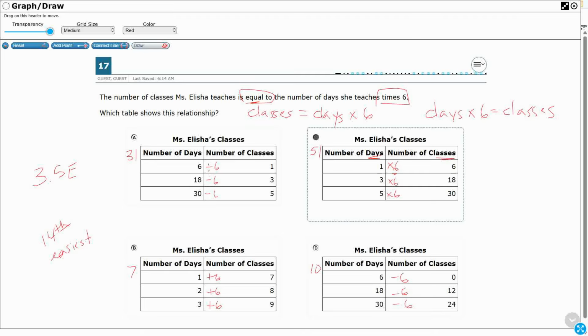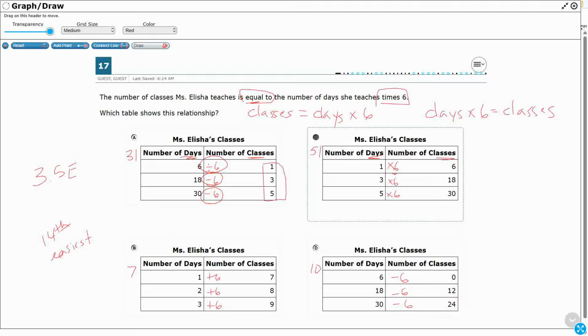Well, we've got the same order. We've got days and classes, so they didn't necessarily flip-flop them, but they just had the wrong operation. They did divide by 6. They saw that relationship, and they chose the wrong operation. Or they might have flipped the columns.